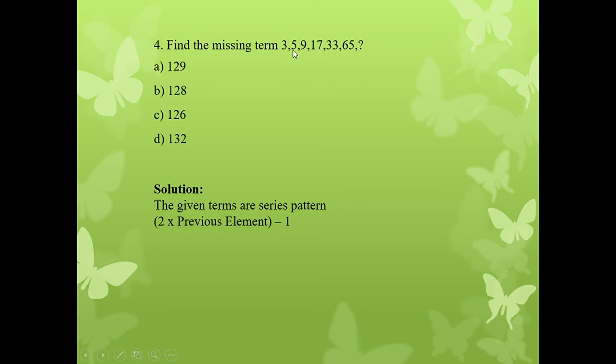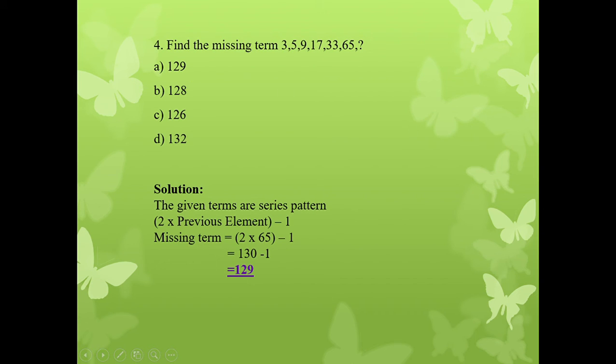Similarly, 5 into 2, 5 2s are 10 minus 1, you will get 9. So like that you have to go and calculate. For the last term, that is the question mark, you have to use 2 into 65 minus 1. You will get 130 minus 1, that is 129. So the missing term is 129. The option is A.